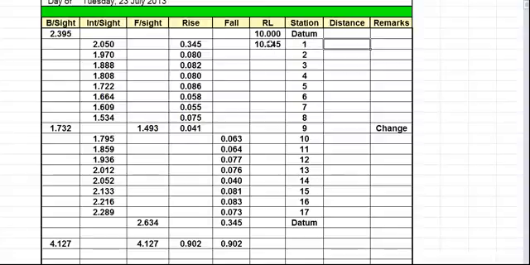Now what we do is we take our 10.345 and add the next line down. So add 80 mil. So that's going to become 10.425. So then again 10.425 plus another 82 mil.